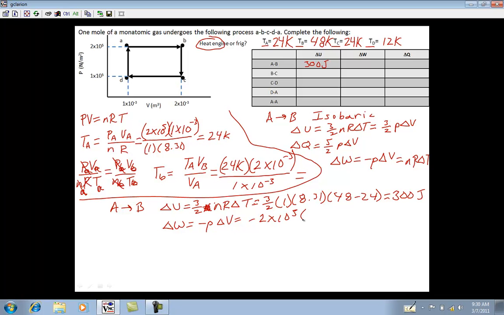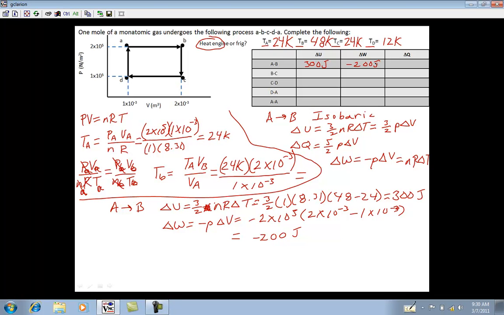Delta V, remember, is always final minus initial. So that's 2 times 10 to the minus 3rd minus 1 times 10 to the minus 3rd. And I know that value gives me negative 200 joules.